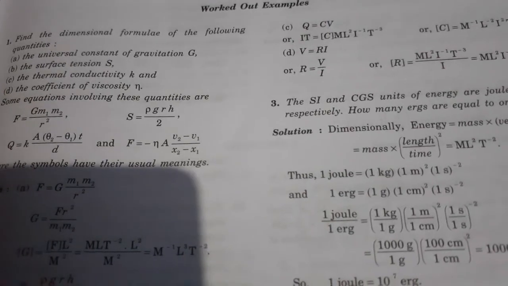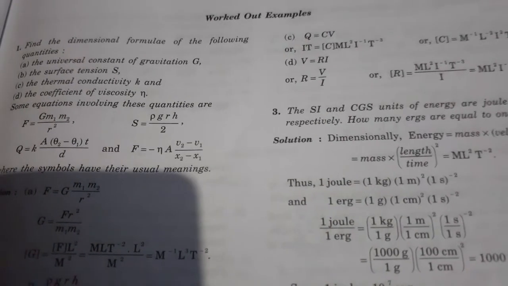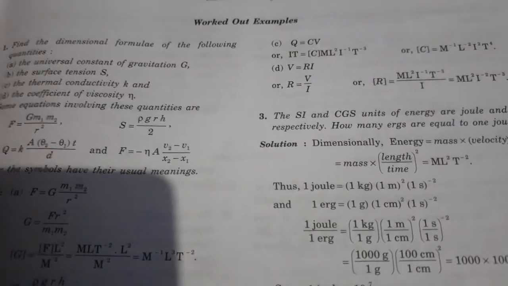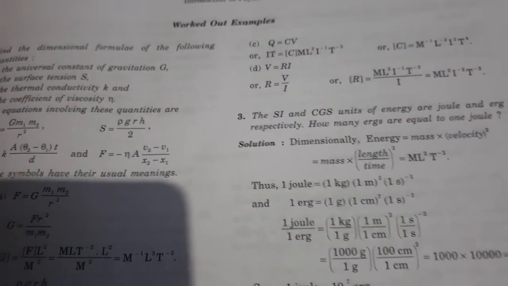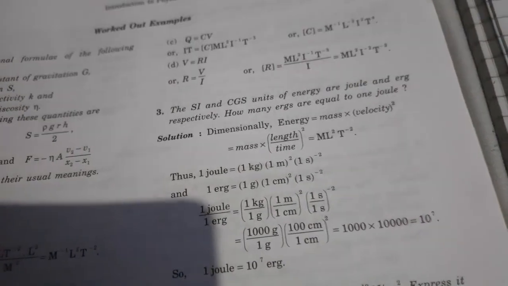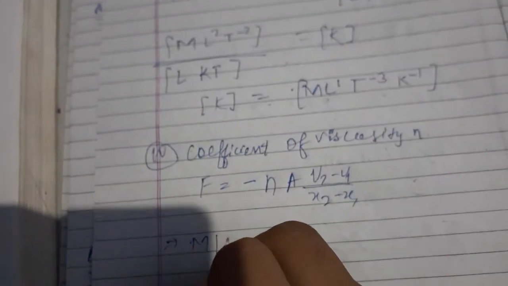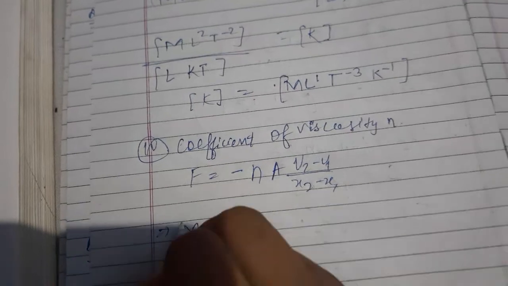Now fourth is the coefficient of viscosity, where the formula is F equals minus eta A (V2 minus V1) by (x2 minus x1). So force dimension is M L T minus 2.